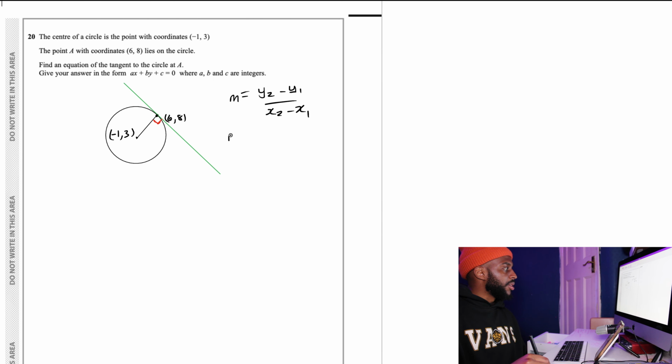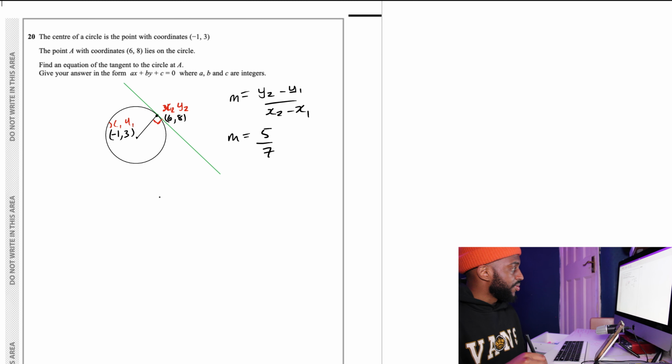So let's have a go at doing that, putting the values in. This is our x1, by the way. That's our y1. That's our x2, sorry, and our y2. Let's sub those in. So it's 8 minus 3 gives us 5. 6 minus 1 gives us 7. So 5 over 7 is our gradient for the radius.